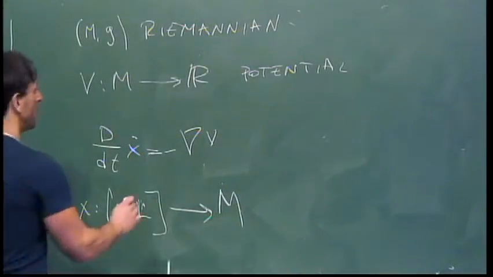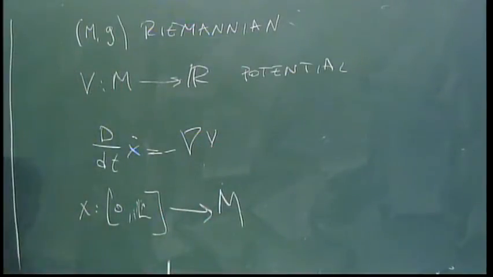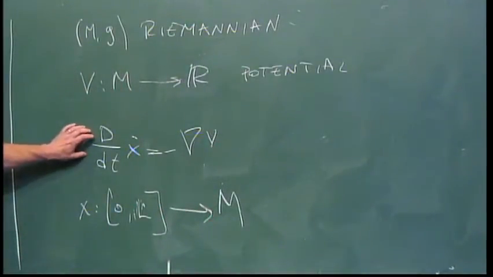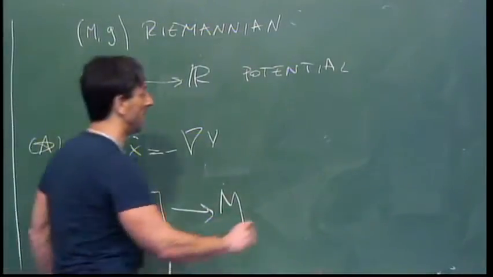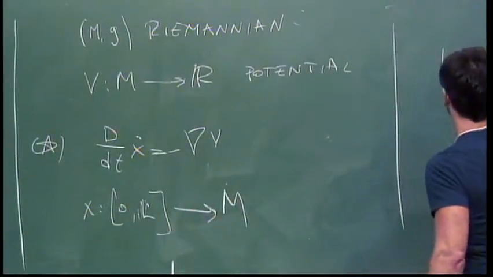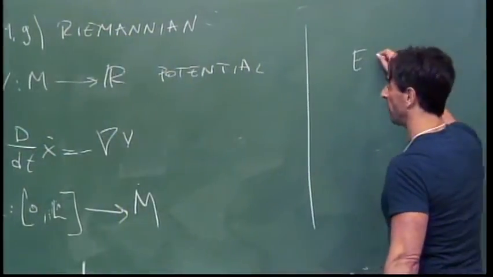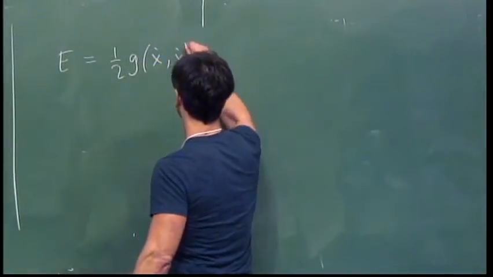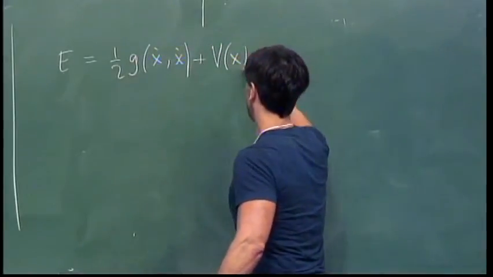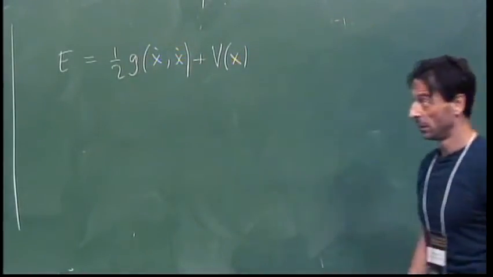And as everybody knows, there is a constant associated to each solution of this equation, which is the energy. There is a constant E, which is equal to kinetic energy plus potential energy of any solution, okay?